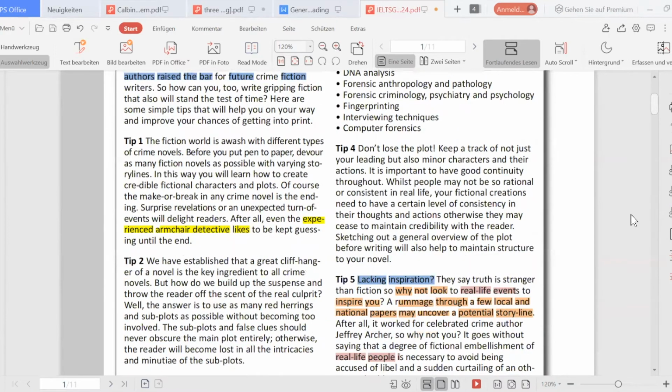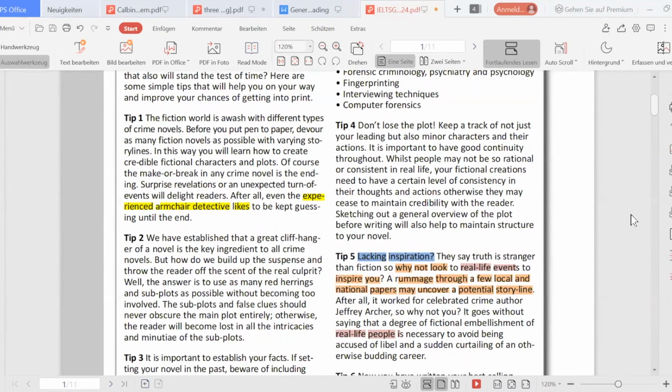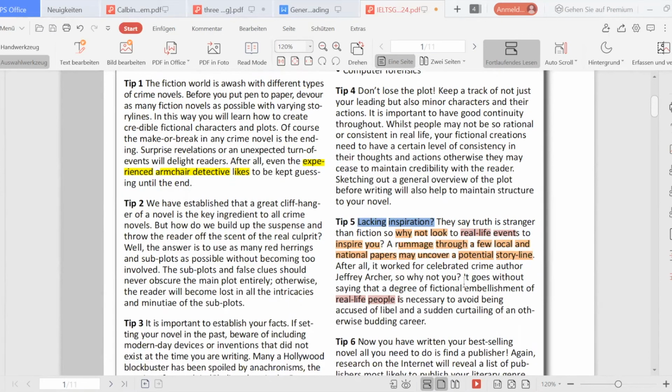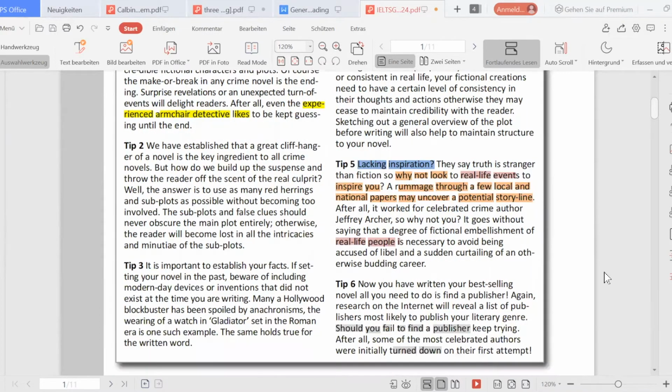And you go on, you also see roommates through a few local and national papers may uncover a potential storyline, all right? Real life people, so these are all some keywords that you can find, but they wouldn't help you. It's just the opposite of what you see in the text.